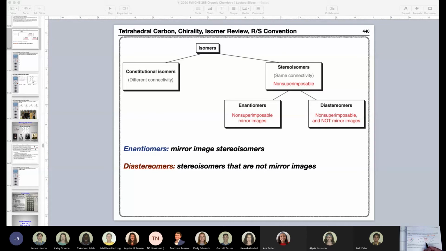So at that point, you can't make a decision about what gets the greatest priority. So you look at what's bonded to it. These are hydrogen atoms, so 1, 1, 1. This has 2 hydrogens, 1 carbon, 1, 1, 6. This has 2 carbons, 1 hydrogen, 1, 6, 6. So that's how we get the 1, 2, 3. We're going clockwise, so we can assign that as R.